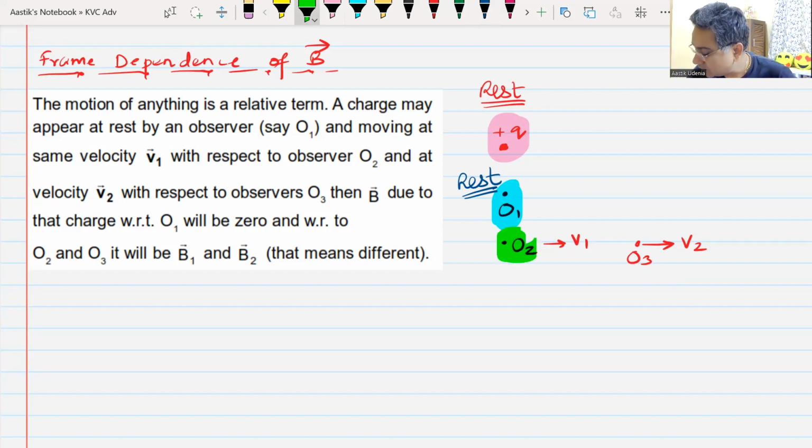What will this person see? He is moving with a velocity v1 with respect to Earth. He is also observing the same charge q. What will he see? Same electrostatic field.